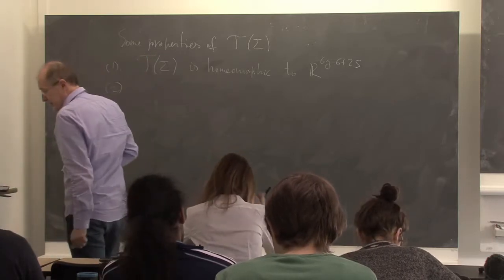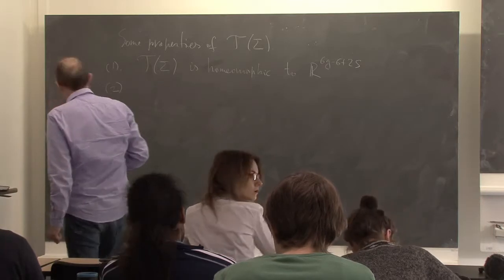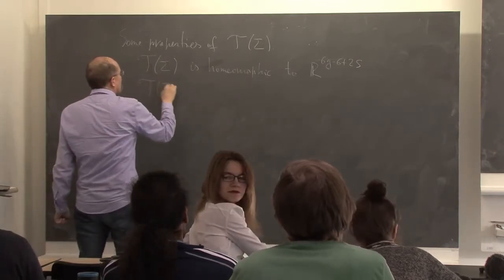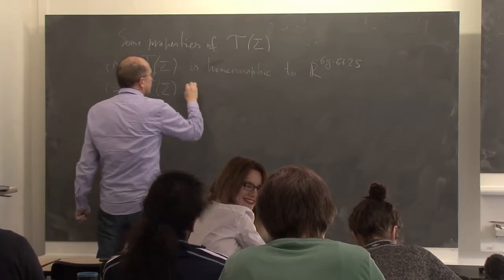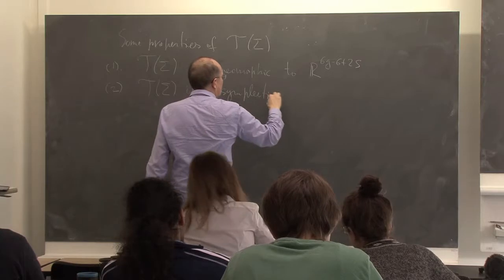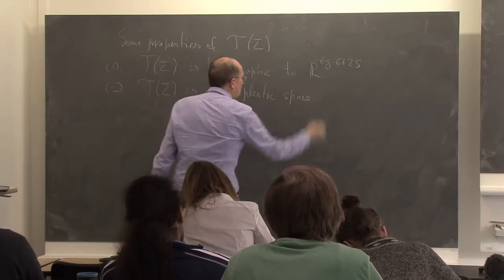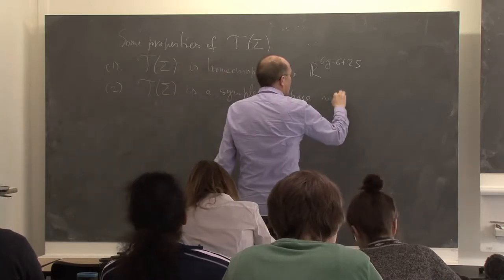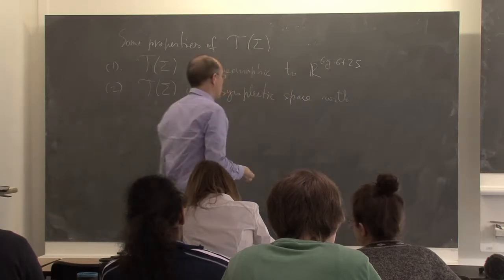Second property is tau of sigma is a symplectic space, with a Weil-Petersson symplectic structure.